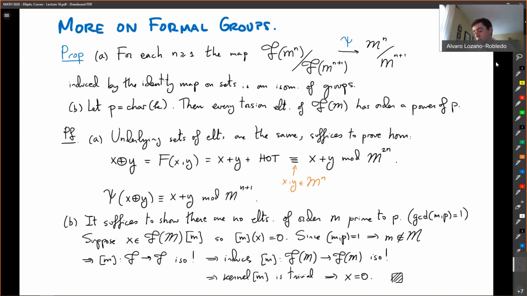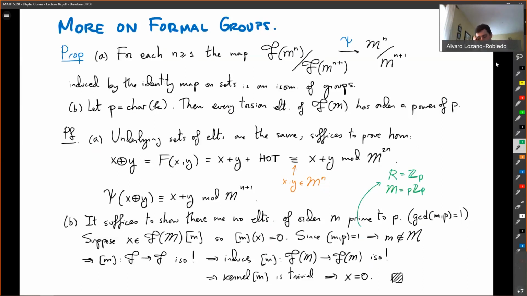So in general, well, first of all, in our toy case, we know that the maximal ideal, if R is ZP, then the maximal ideal is PZP. Right.